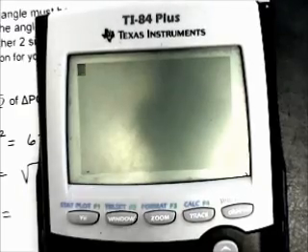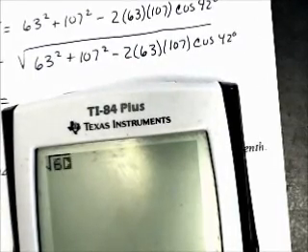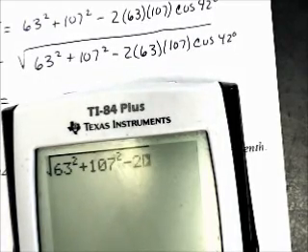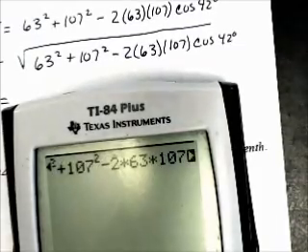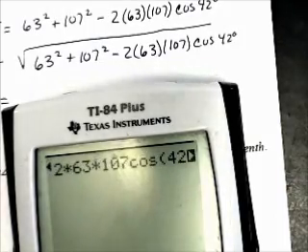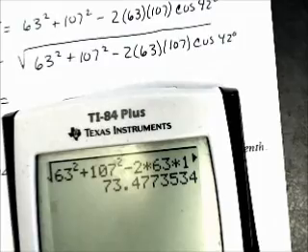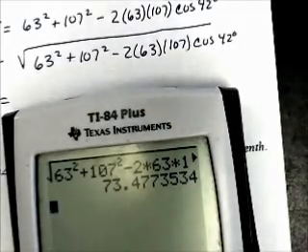Okay, so I'm keying in the square root of 63 squared plus 107 squared minus 2 times 63 times 107 times the cosine of 42 degrees. Round to the nearest tenth: 73.5.